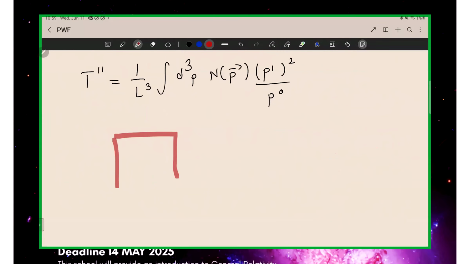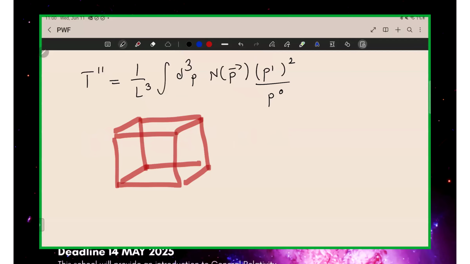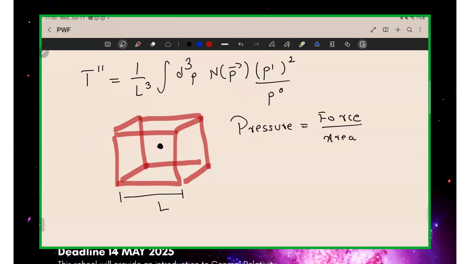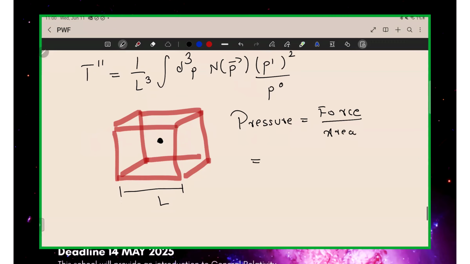So suppose that you have a cube of length L. Now suppose that there's a single particle in this cube. What is the pressure due to that particle? First of all, what is pressure? Pressure is force divided by area. So what is force?